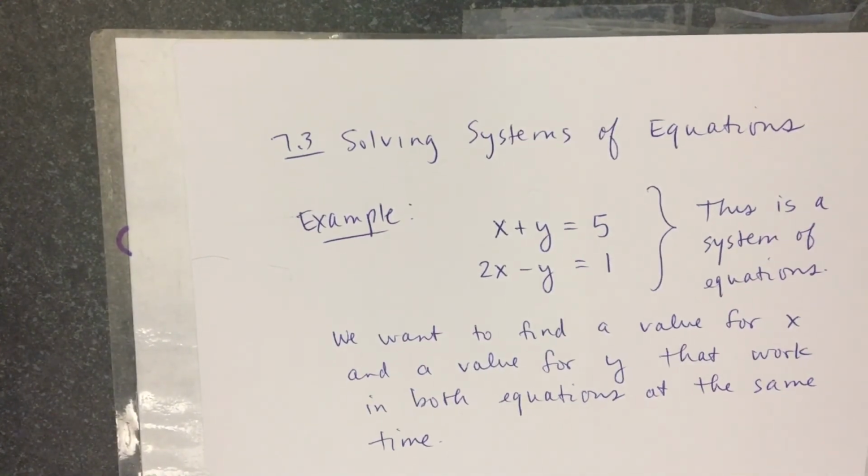Now the ones I wrote here, this example I started with, you might be able to look at it and figure it out in your head. What's the answer to that system?